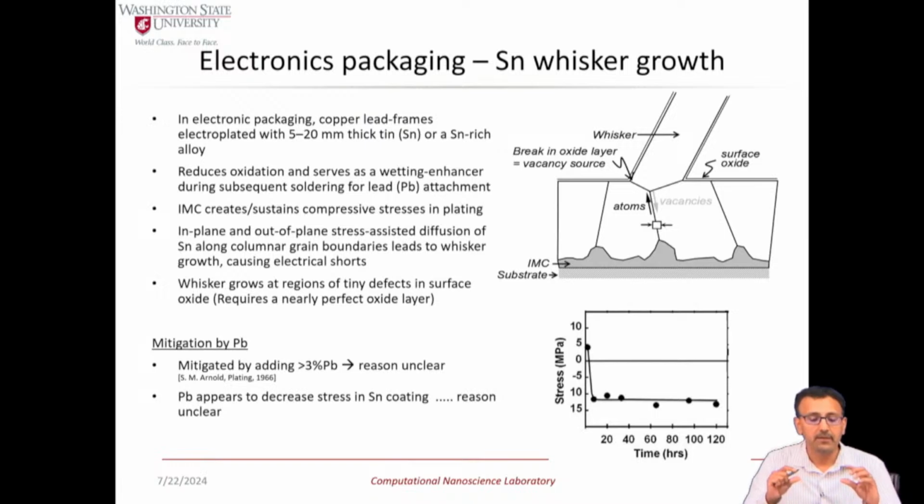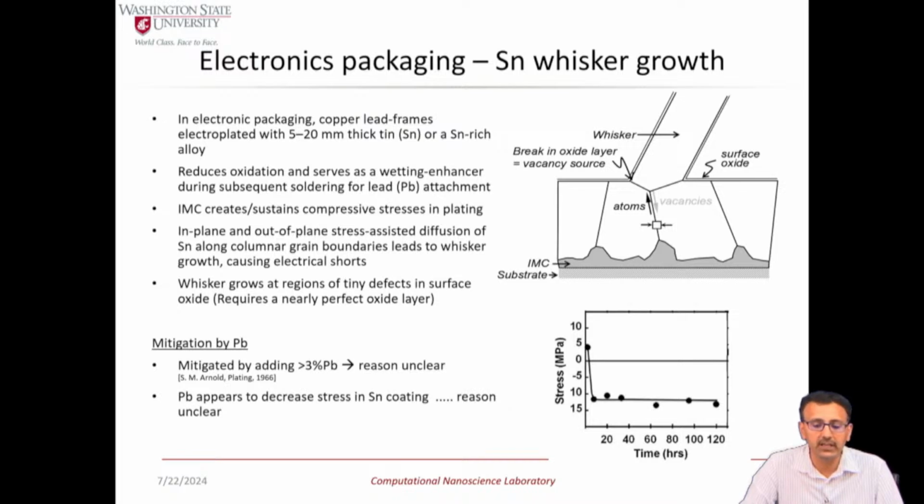So the challenge is when you have this deposited thin film of tin on top of the copper, it creates compressive stresses which can lead to what is observed as small whisker growths out of that surface, tin whisker growths. It's not just for tin. This has also been observed for zinc deposited on steel, or I think aluminum on silicon.